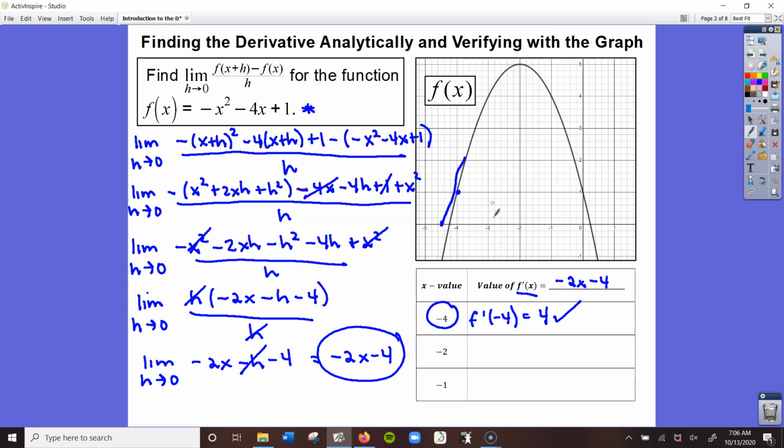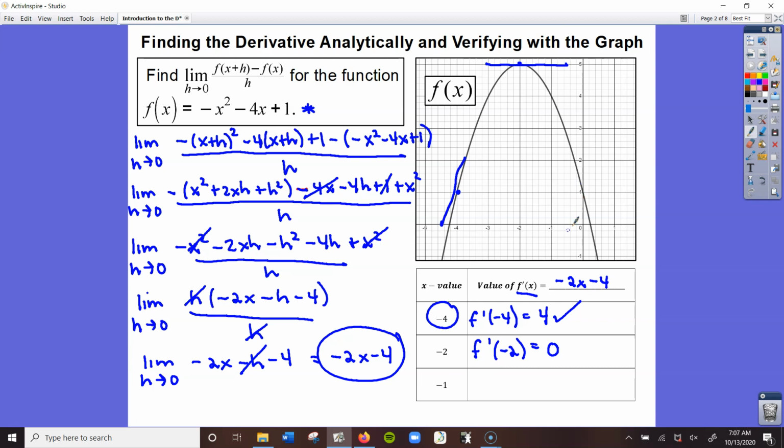If I plug in negative 2, it's over here. My tangent line here is horizontal, so I can expect that my derivative would equal 0, which is the slope of that particular line. So f prime of negative 2: negative 2 times negative 2 is a positive 4, minus 4, which is 0.